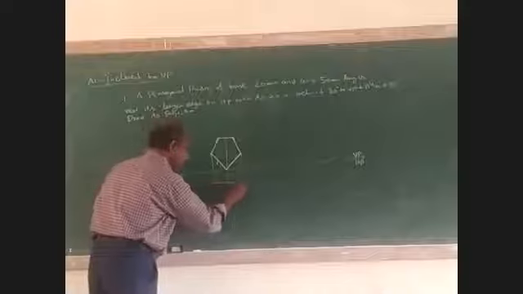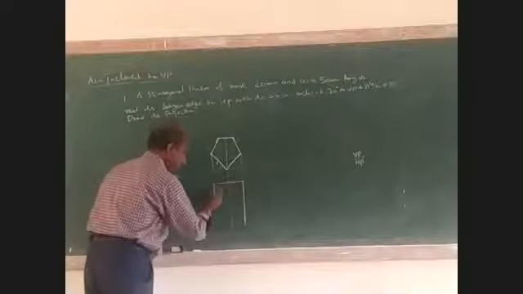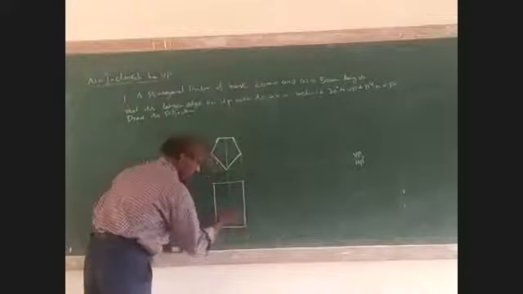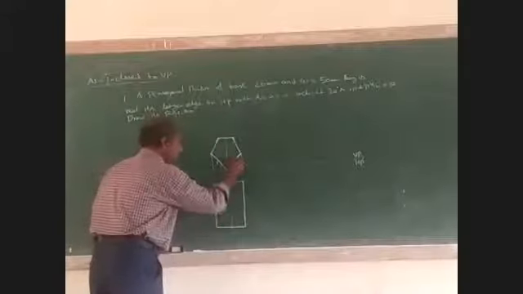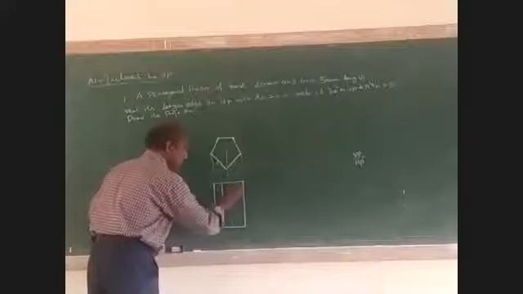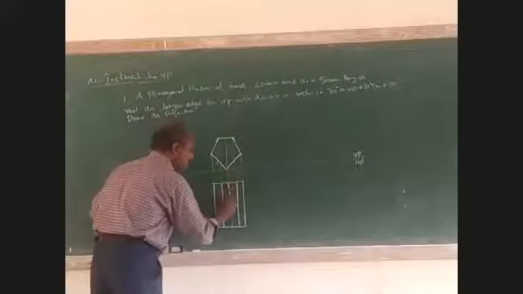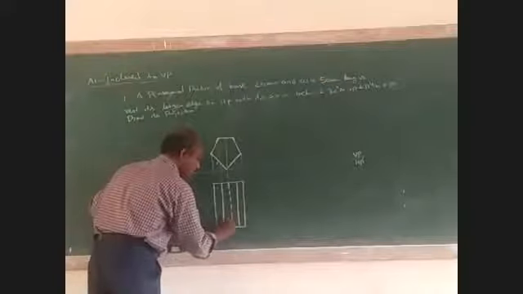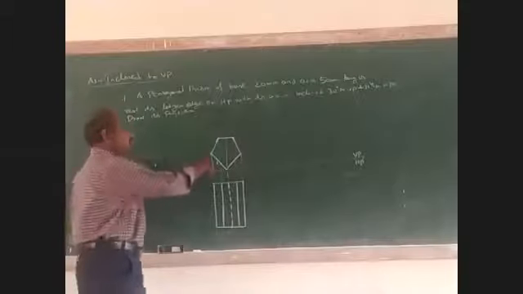I have to draw the pentagon. And this is visible, therefore you have to draw dark line. And this is invisible, you have to draw dash line, on the center line itself. Then you have to name it.